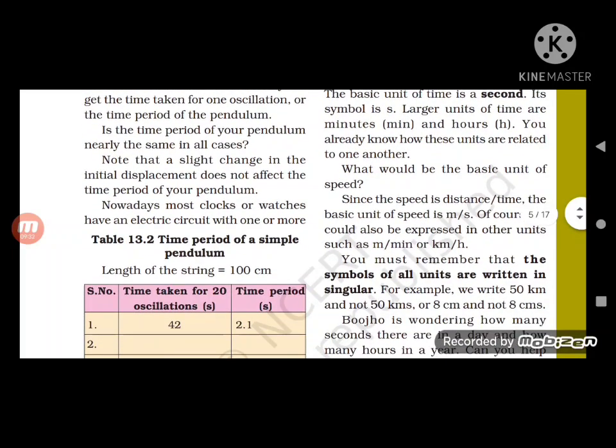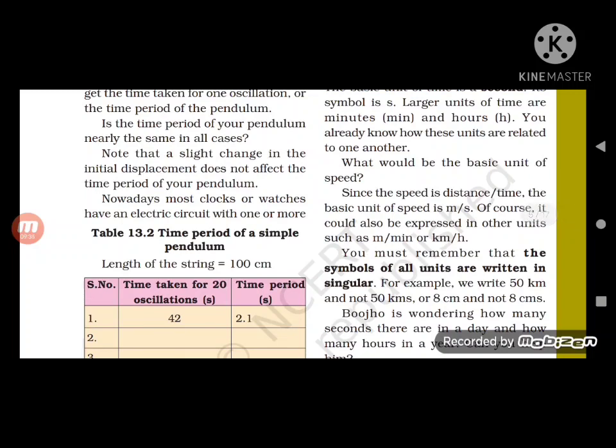So is the time period of your pendulum nearly the same in all cases? Note that a slight change in the initial displacement does not affect the time period of your pendulum.